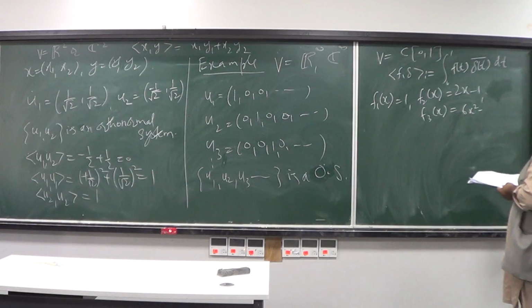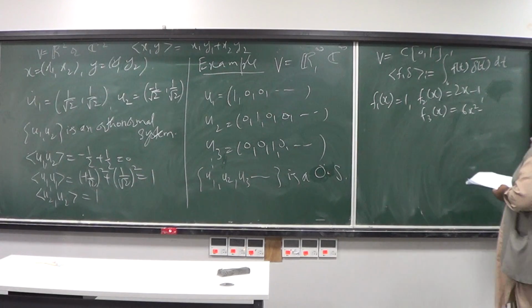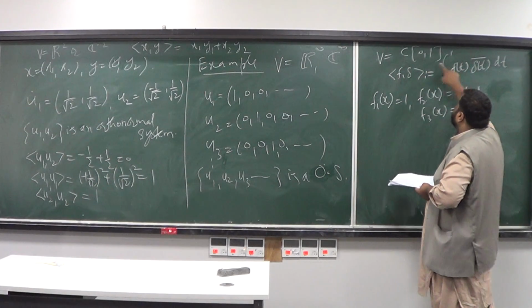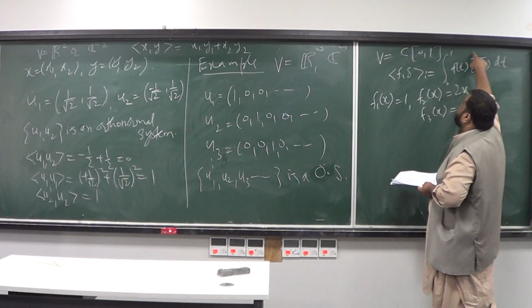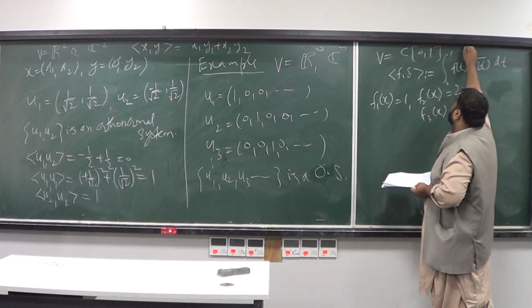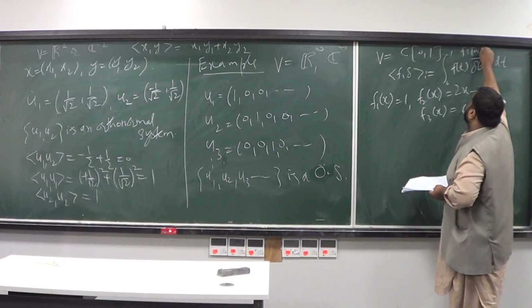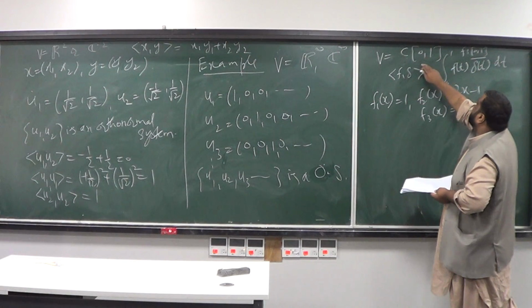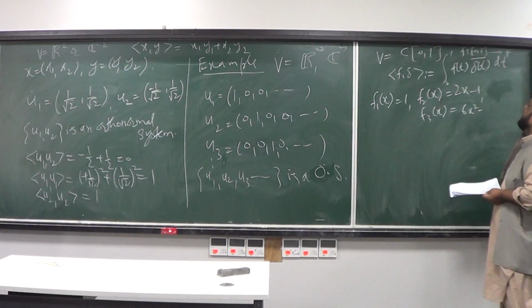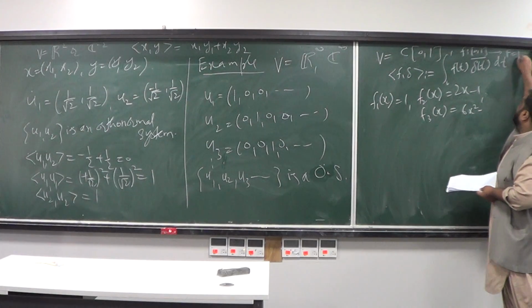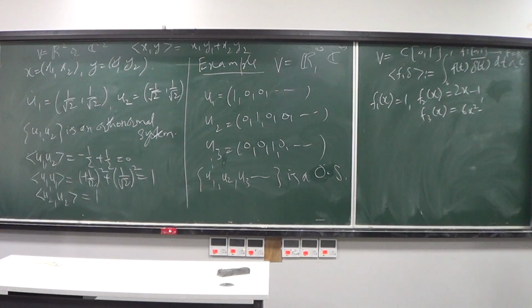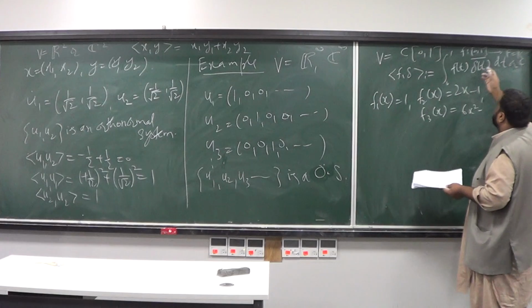There must be a conjugate here, because f are the functions that take inputs from 0 to 1, but their outputs can be real, or can be the set of complex numbers. So in other words, an arbitrary element here is a map from 0 to 1 into the field, and the field could be either R or C. So f of t and g of t are complex numbers.